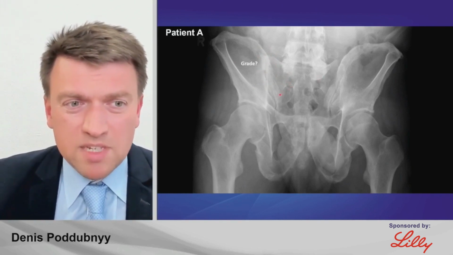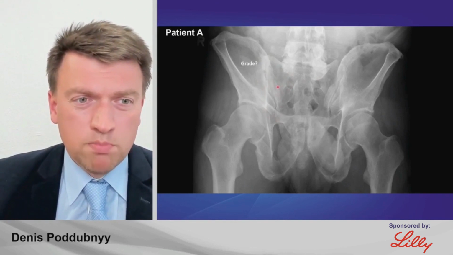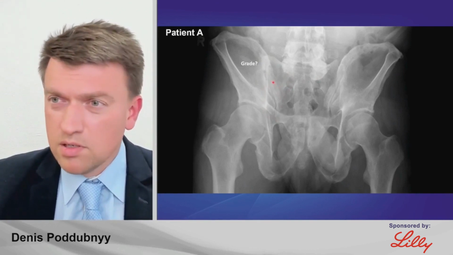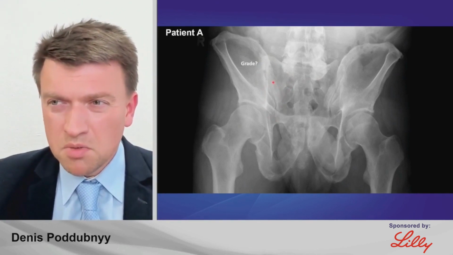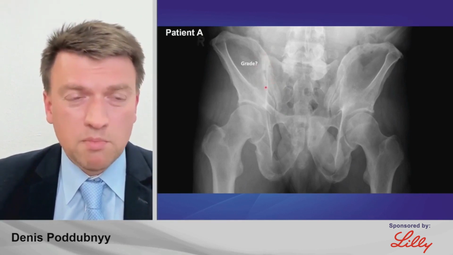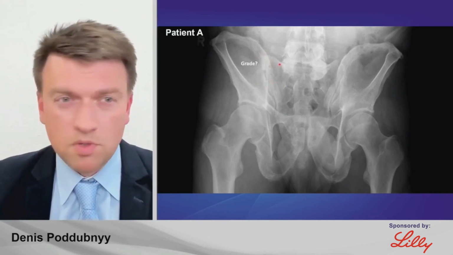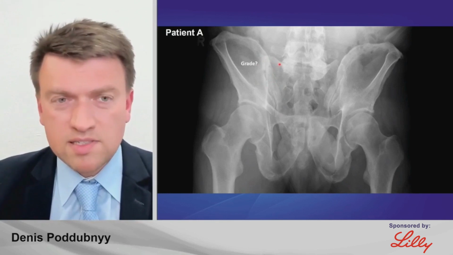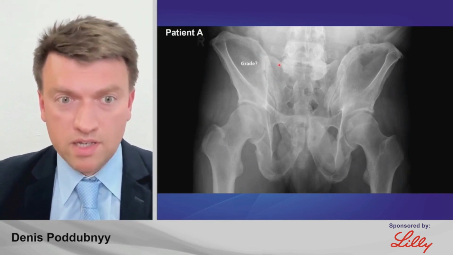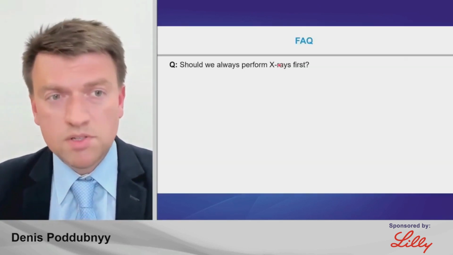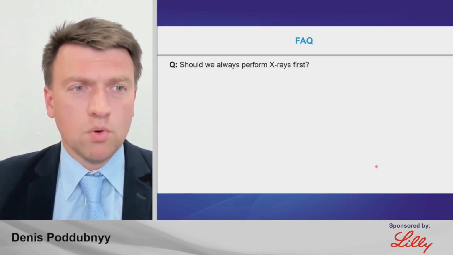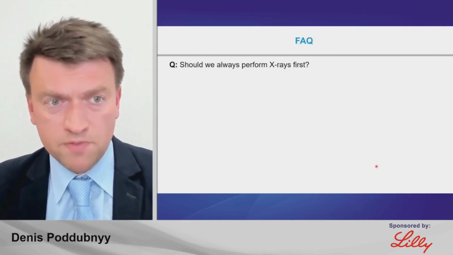At the same time, you see that the lower portion of the joint looks completely normal, so it raises a suspicion that it might be a finding not related to spondyloarthritis. And this is exactly the point where we need advanced imaging. There is also another question: whether we should always perform X-rays first.